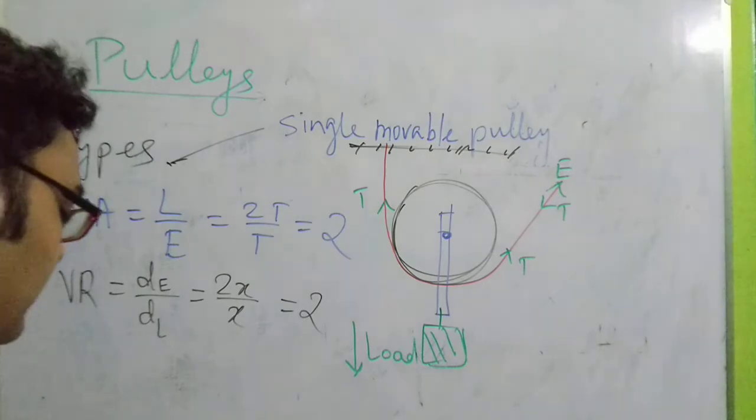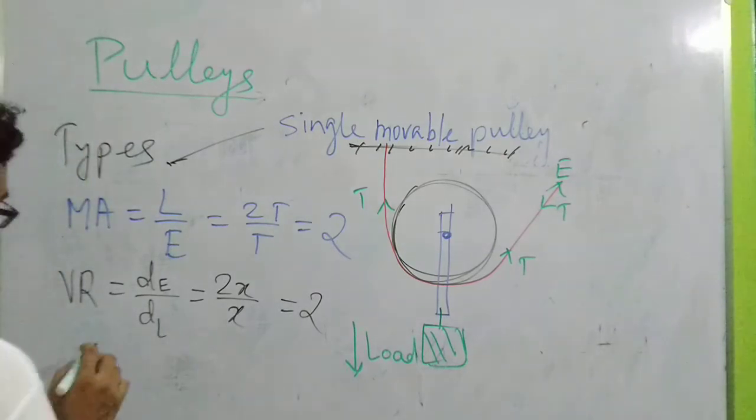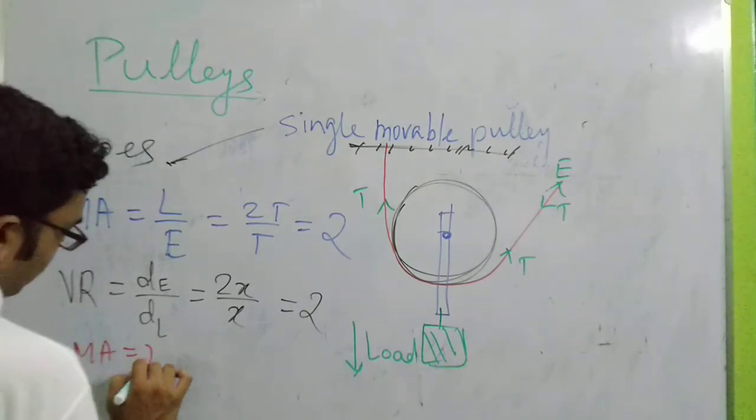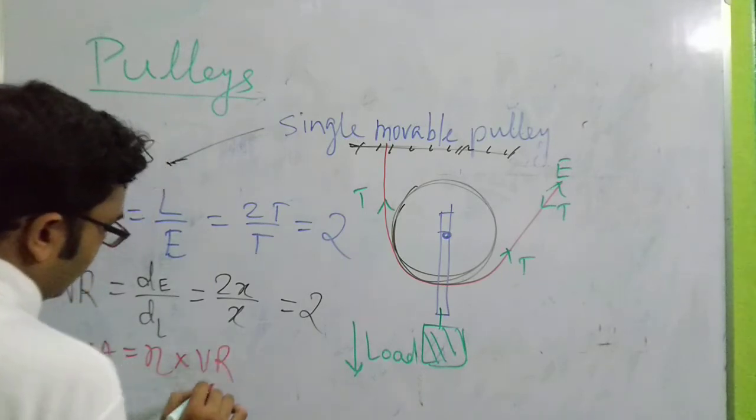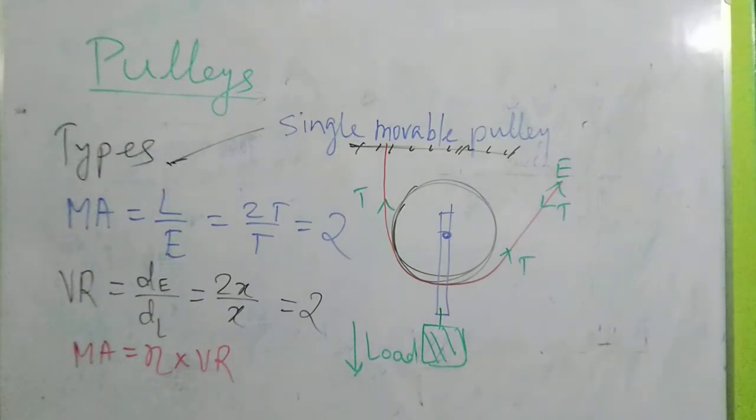And in the ideal case, we know from the formula MA equals efficiency into velocity ratio, the efficiency of a single movable pulley for the ideal case is actually 1, or 100%. Okay, fine. So this is the single movable pulley.